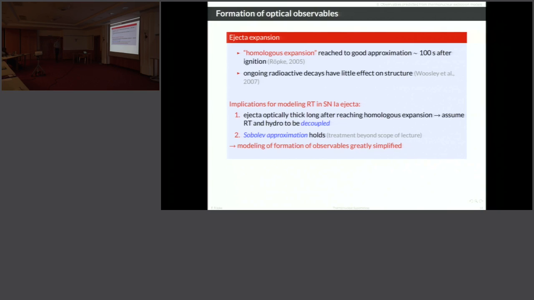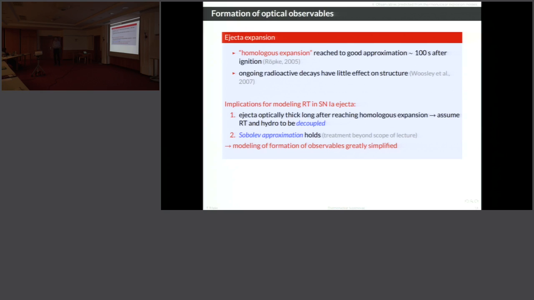So that means that in the end, you don't have to follow the formation of the observables by doing radiation hydro calculations, but you can just do the explosion simulation, follow it to homologous expansion. This sets the background structure on which radiation transfer takes place, and radiation transfer can be calculated in a separate step.